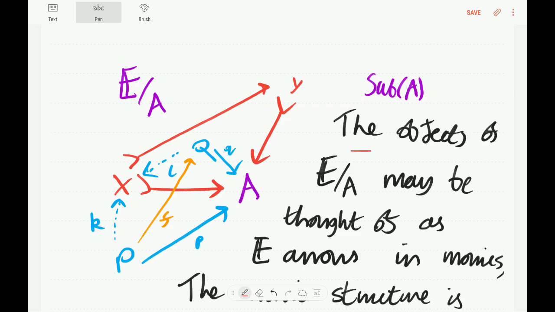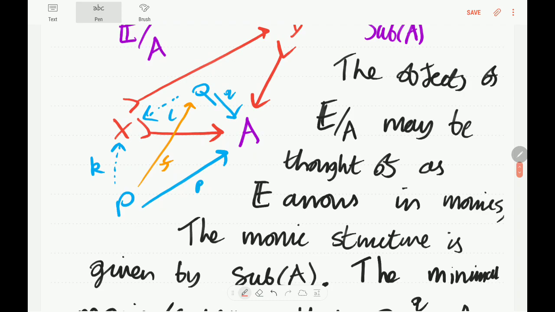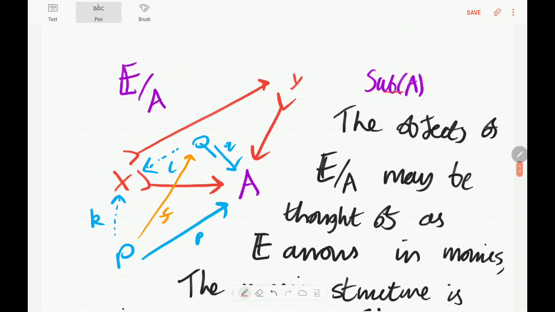Well, the objects of E slice A are arrows into A. And so Sub A is that kind of thing, but just considering the monics which are going into A.